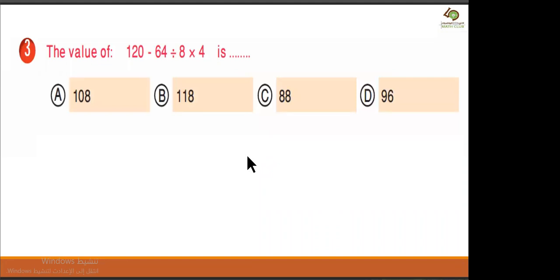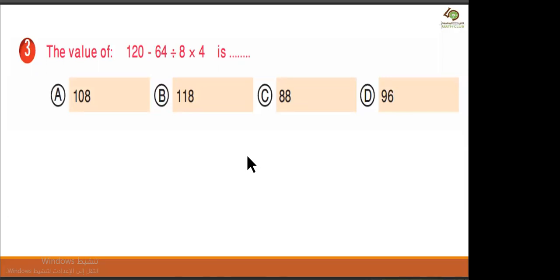Now, what is the value of this answer? The value of 120 minus 64 divided by 8 times 4 is what? Here you must know which one to start with.